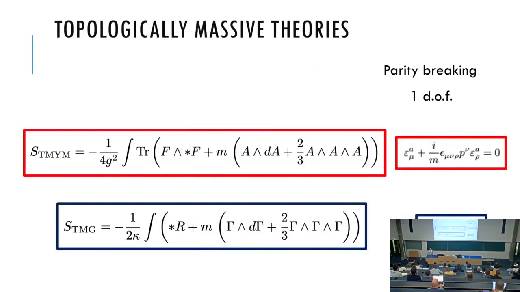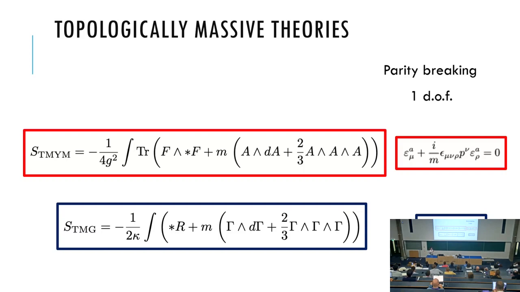So today what I'm going to tell you about is a double copy relationship for special theories that live in 3 dimensions, which are the topologically massive theories, which are defined in the following way. Topologically massive Yang-Mills is just your standard Yang-Mills term plus the addition of a Chern-Simons term. And topologically massive gravity, again, is Einstein-Hilbert plus your Chern-Simons term. Now, these theories are interesting because they break parity.